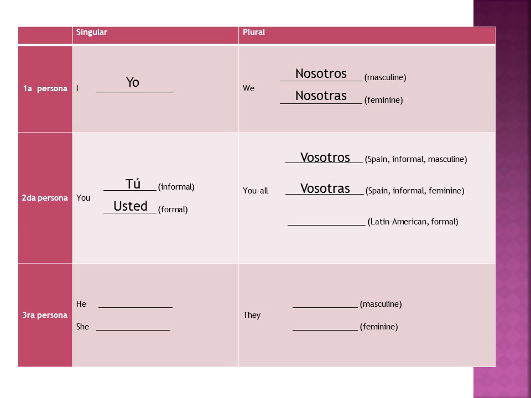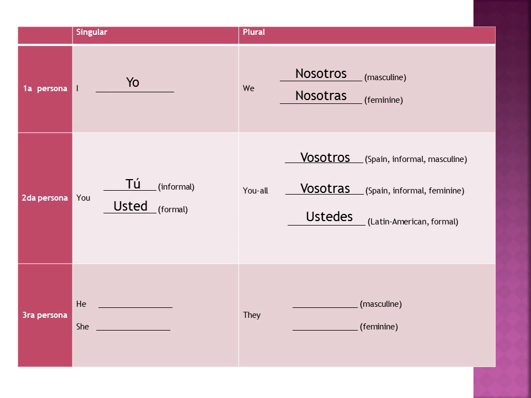So it's very important that you remember that. Now here we go. The second person of the plural, when it's used in Latin America and it's considered formal, it's ustedes. Okay? So also very important, the plural of usted is ustedes. It's very important that you remember all those relationships. So the plural of tú is vosotros or vosotras, and the plural of usted would be ustedes.